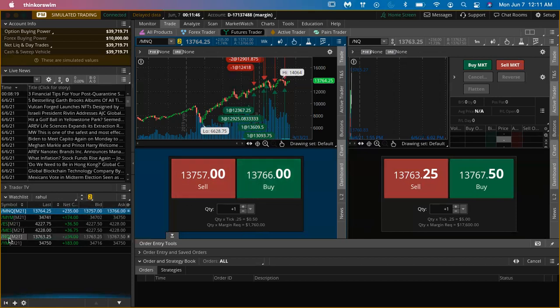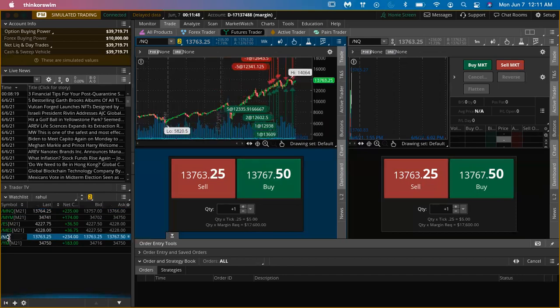Now if we talk about the NQ, the regular lot, you need the margin of $17,600, right? And on each point movement you are going to get $20.